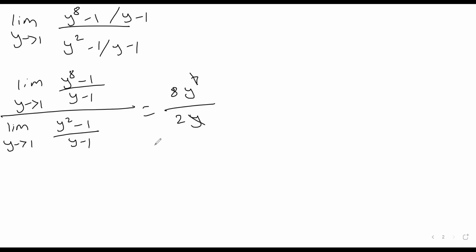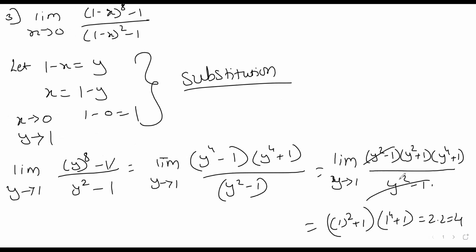Sorry, it is not y here, it is 1. 1 raised to 7 upon 2 into 1 raised to 1. So 8 upon 2, your answer is 4. If you like this method, you can do it by either method, whatever is easy for you.